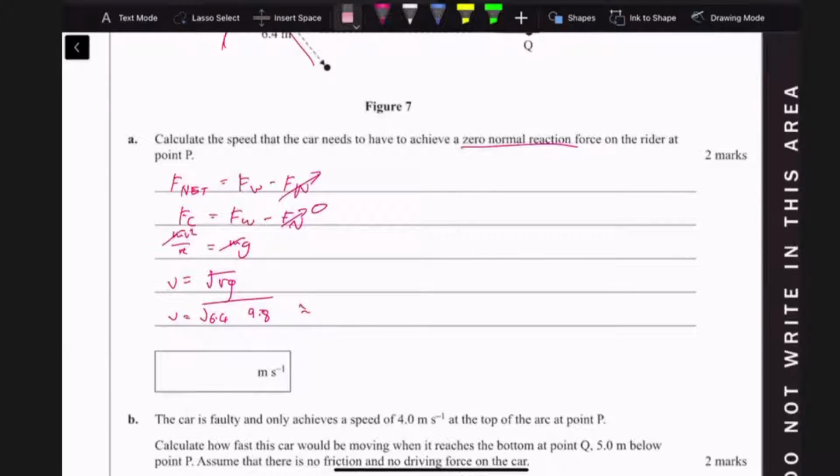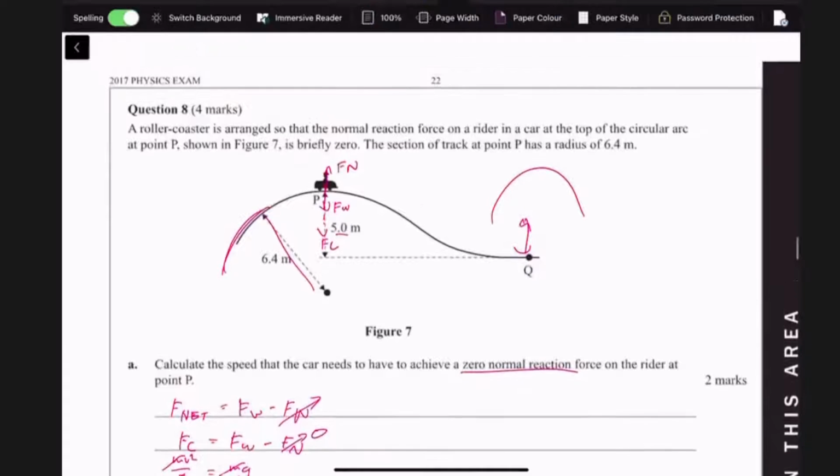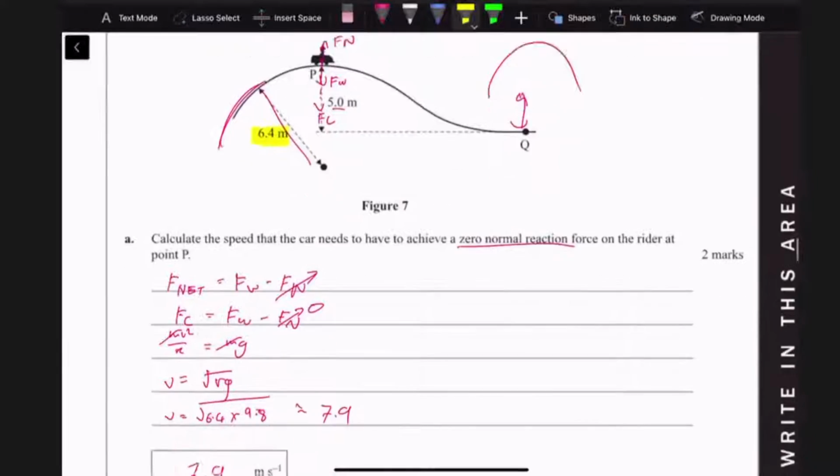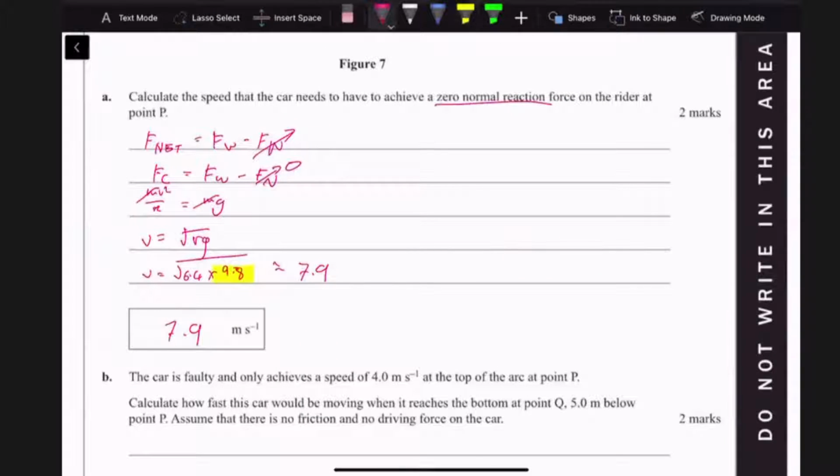And this comes out to 7.9. Sig figs make sense because we have to go with 2 from both 6.4 and g. Anytime you use g, the maximum sig figs you can have is 2 anyway, because g is 9.8.